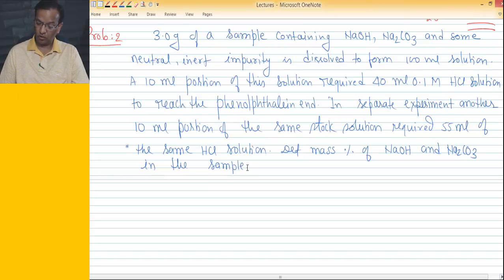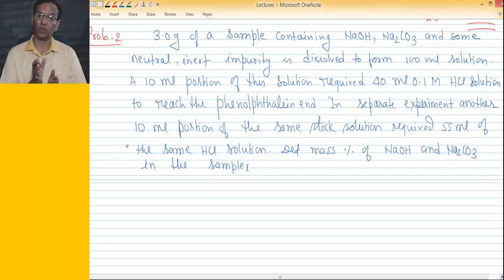Now sodium hydroxide is a stronger base than sodium carbonate. So when titration is carried out, first sodium hydroxide will be neutralized to NaCl and H2O. Then sodium carbonate will start neutralizing. But once sodium hydroxide is neutralized, sodium carbonate is still there in the solution.